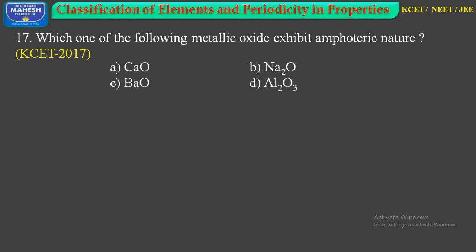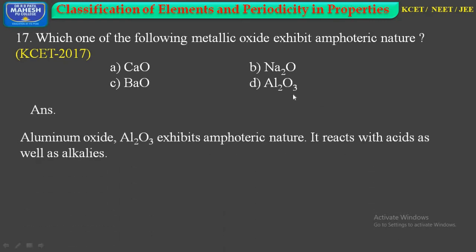Students, in this case, aluminium oxide exhibits amphoteric nature because aluminium oxide can react both with acids as well as the base or alkalis. Then we can call it amphoteric in nature. So let us see some of the reactions. When aluminium oxide is made to react with hydrochloric acid, we get aluminium chloride as a salt and water.